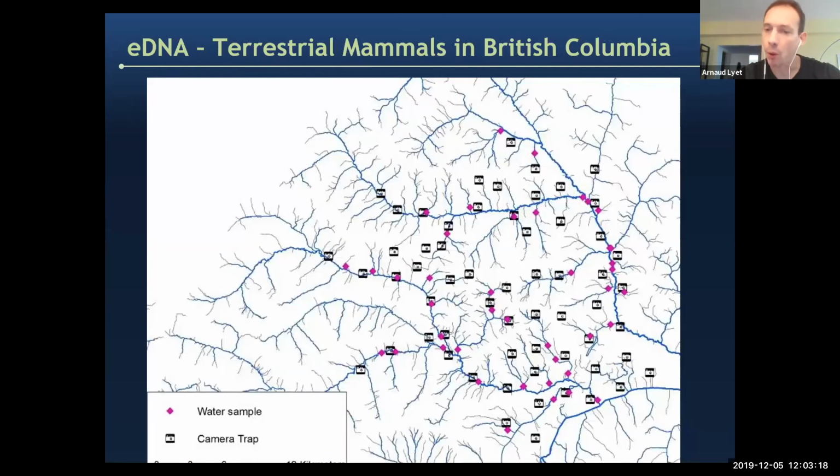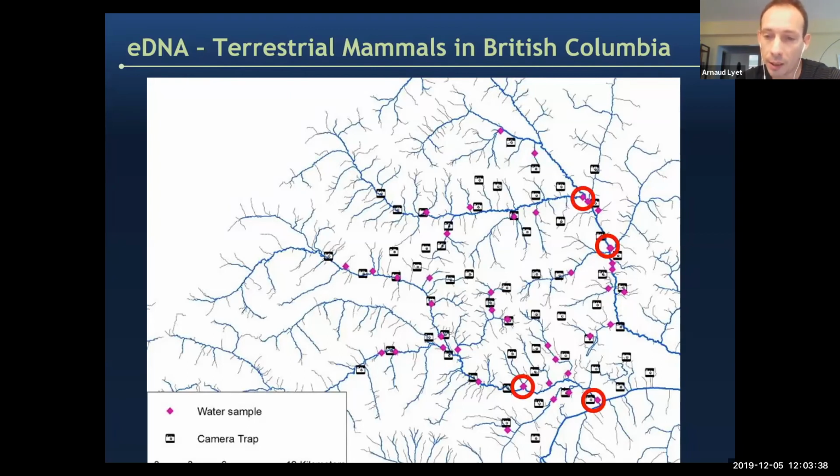So we were also interested, as we mentioned earlier, in trying to understand how the quantity of DNA that we would detect in the water was related to the abundance or relative abundance of the species in the watershed.